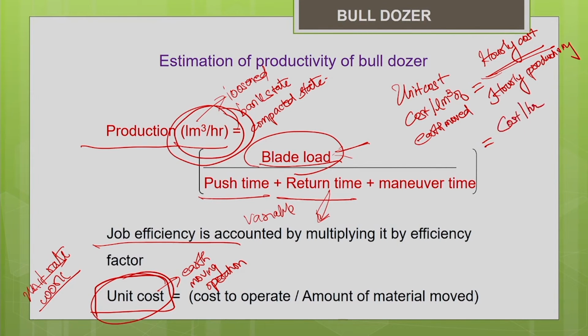So, you know the cost per hour, say in rupees, divided by the productivity of the machine in loose meter cube per hour. If you know both these data, you can find the cost per loose meter cube of earth. This is the unit cost of production.